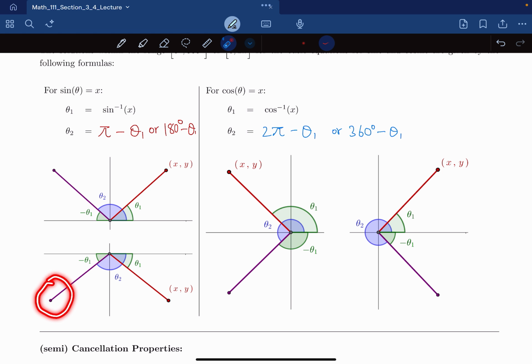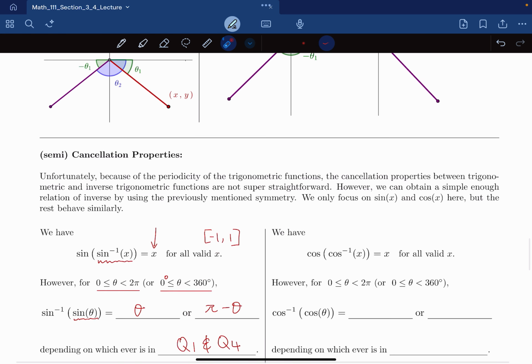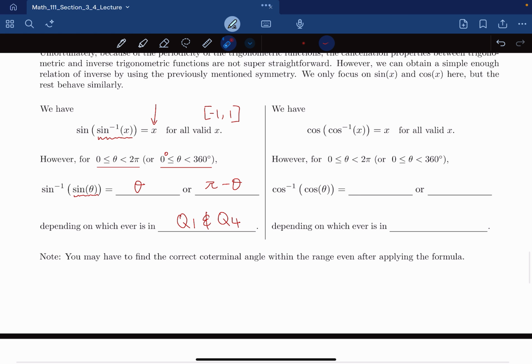Similarly, if you have an answer in quadrant 3, pi minus this answer is going to land you back in quadrant 4. The only thing you do have to adjust is, once again, you can never outrun this, by leveraging the coterminal angle to bring that answer, which is in quadrant 1 or quadrant 4, back into the right range from negative pi over 2 to pi over 2, or negative 90 degrees to 90 degrees.